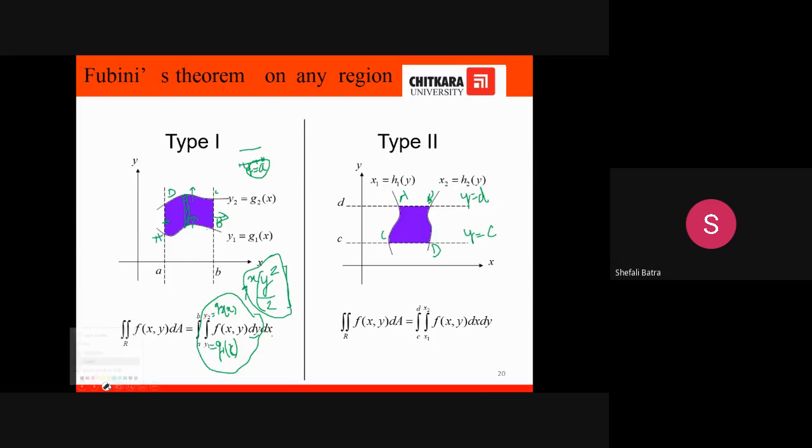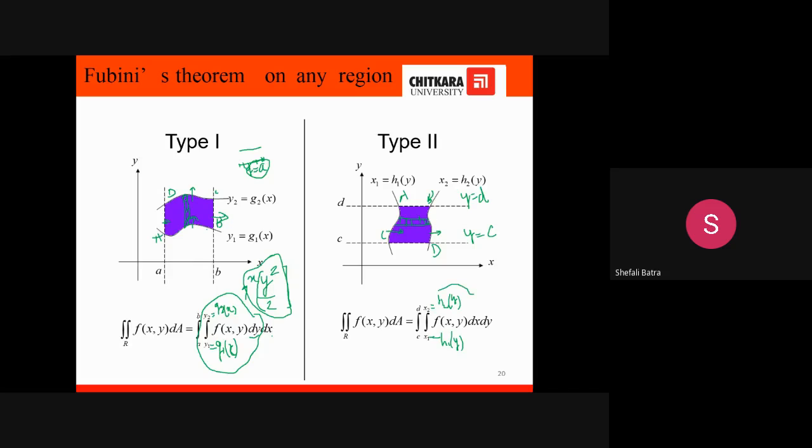So now we are taking a horizontal strip, and in the horizontal strip, the limit of x we will be finding. This is your lower limit and this is your upper limit, because the value increases in this direction. So this is your lower limit, and that is h1(y). So x1 is equal to h1(y), and the upper limit x2 is equal to h2(y).